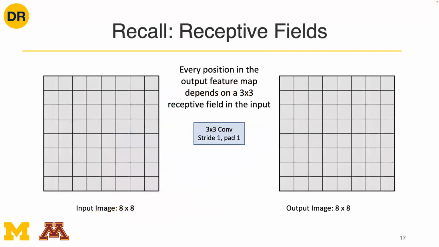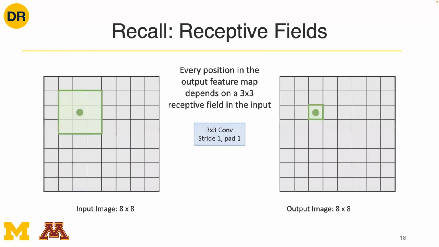Well, the key knowledge that we need goes back to that discussion we had on receptive fields, and how you can calculate, for all the layers we've talked about, what the input receptive field is for a given feature in the output feature map. For example, let's take a 3x3 convolution layer with a stride of 1 and a padding size of 1.